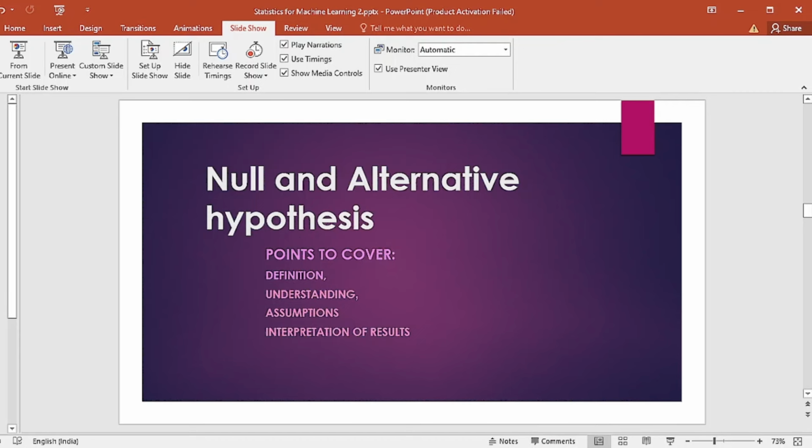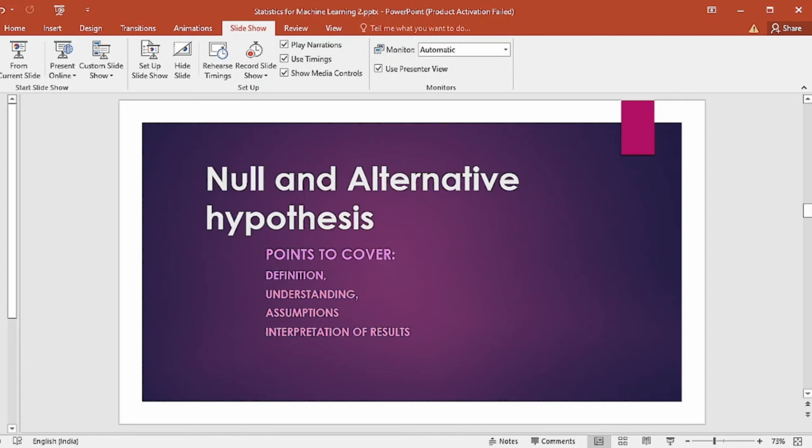In alternative hypothesis, generally researchers and scientists try to accept or prove the alternative hypothesis. If the null hypothesis is accepted, researchers have to make changes in their opinion and statements. If the alternative hypothesis gets accepted, researchers do not have to make changes in their opinion and statements.